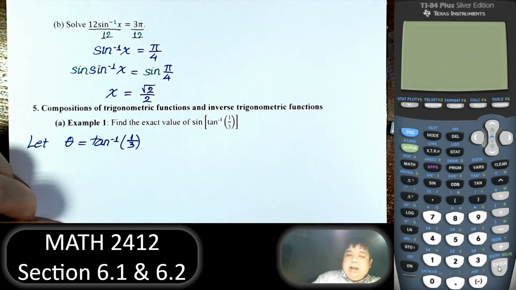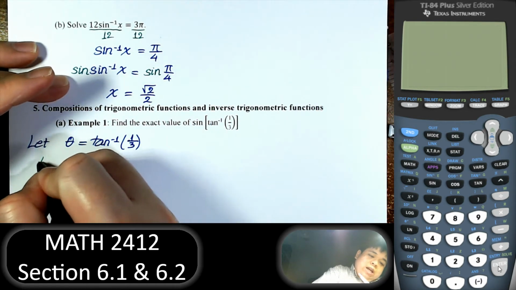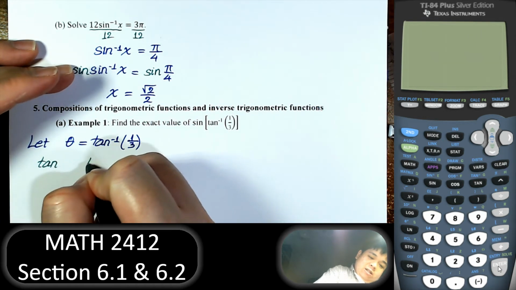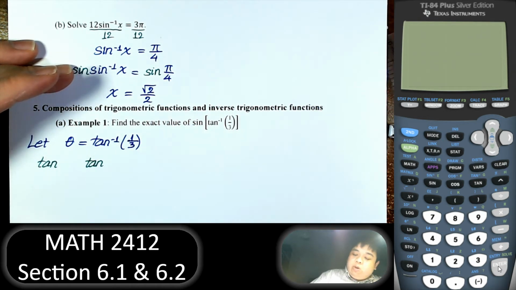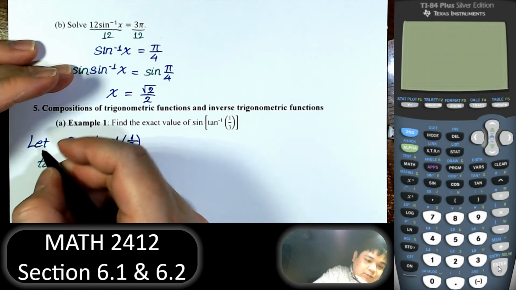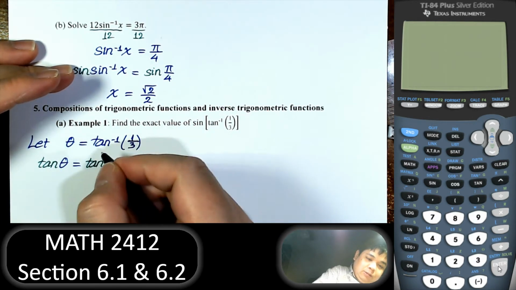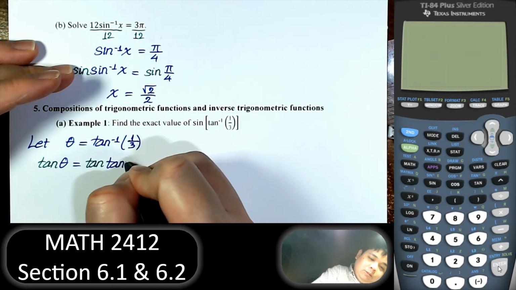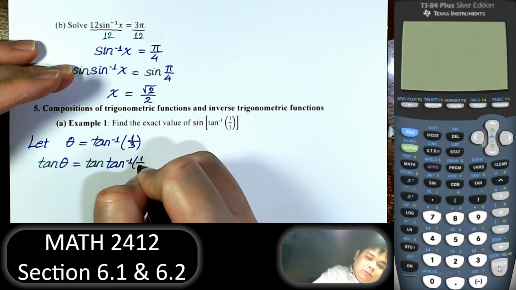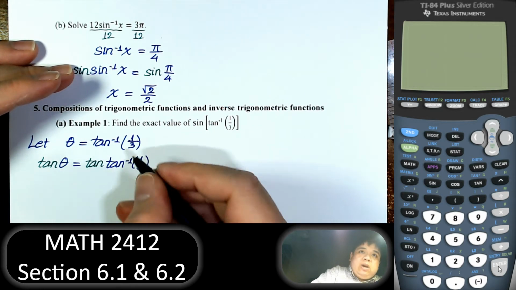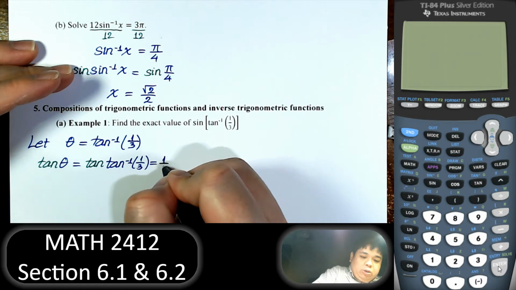Now, how can we get rid of the inverse? The function will cancel the inverse if it exists. So take tangent on both sides. That cancels out, and we have 1/3.